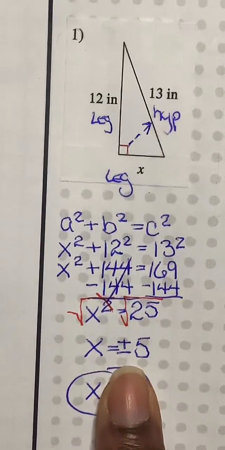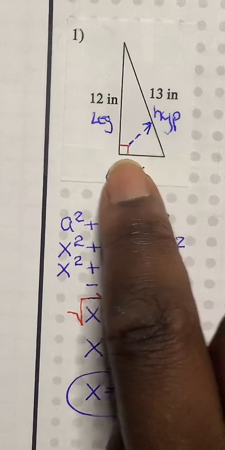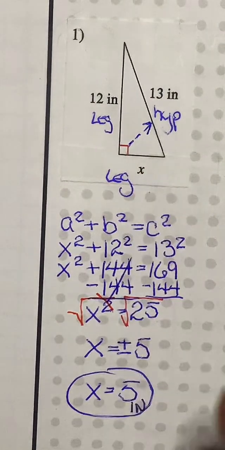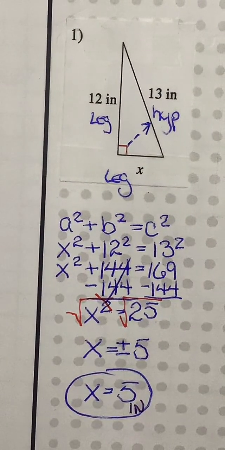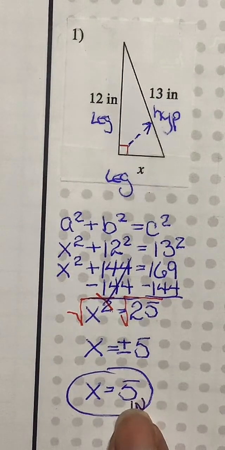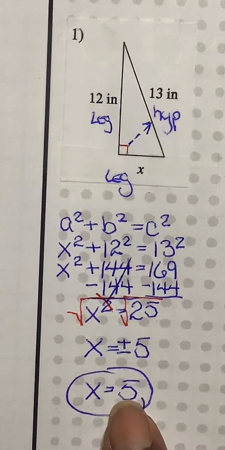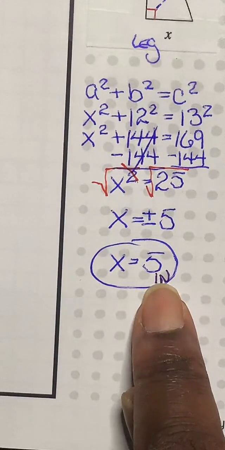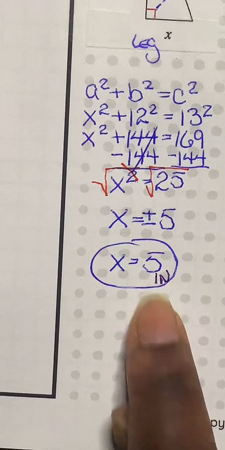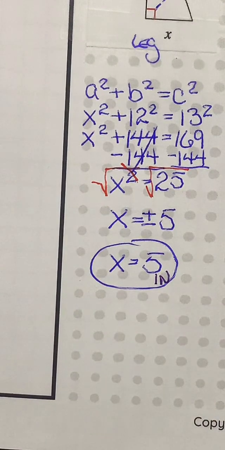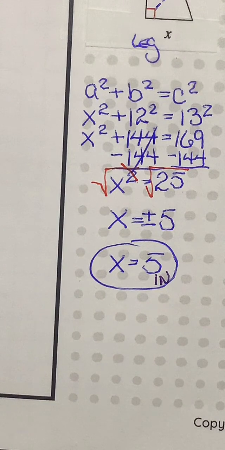But since we're looking for the length of a side, we can't have a negative length. So that's why we focus solely on the positive answer. So that's where x equals 5 is our official answer. Yep, the hypotenuse will always be the sum of the squares of the two sides.